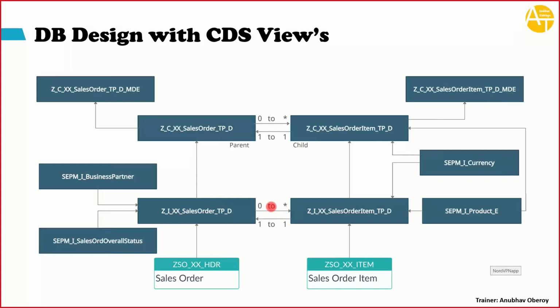What is composition? Composition means every item which you create depends on an order. You cannot create an item without creating an order, which is true also in real life. You cannot have a student in a school or in a college without having a class assigned to that student.